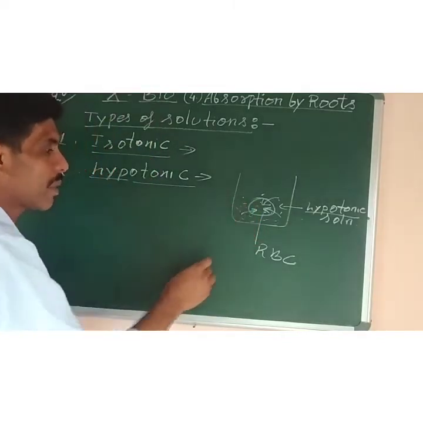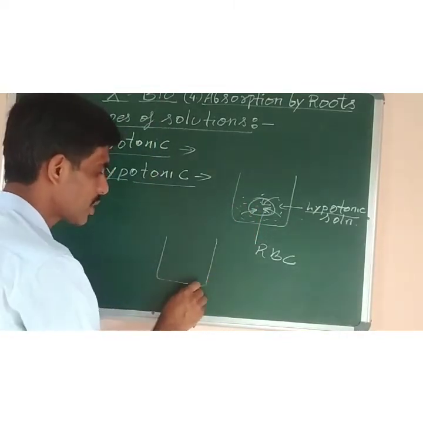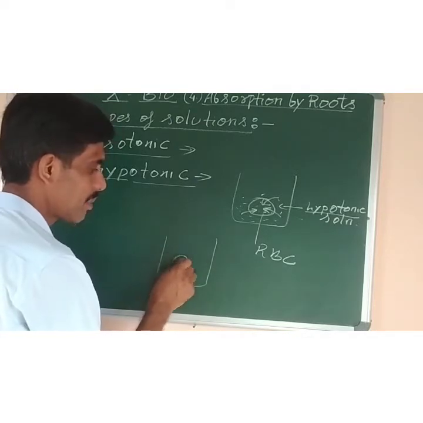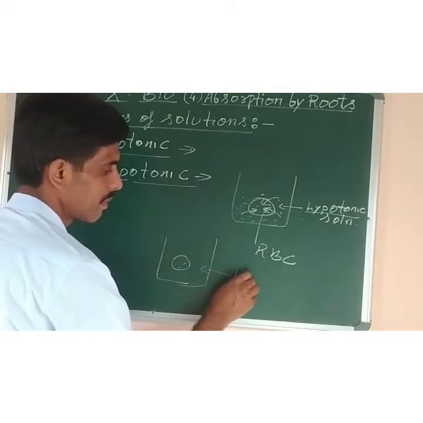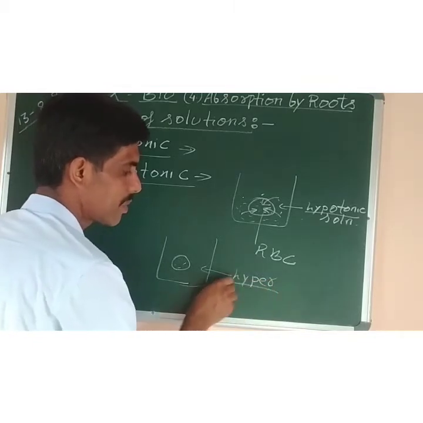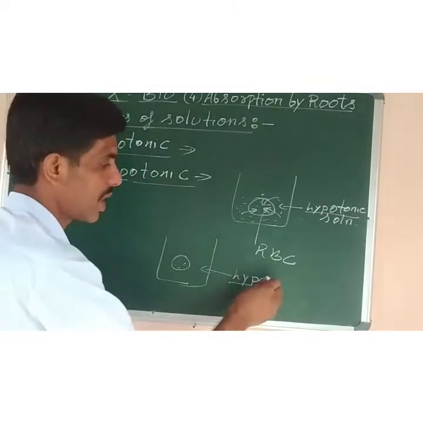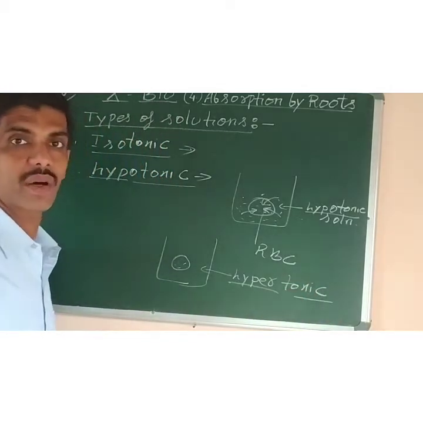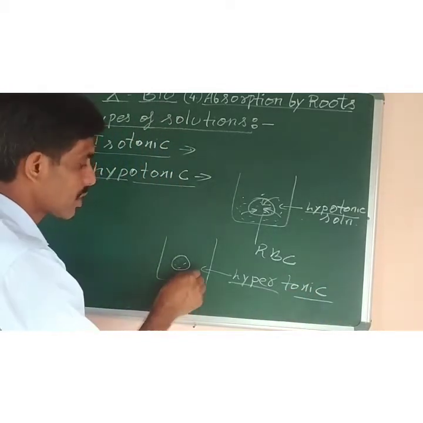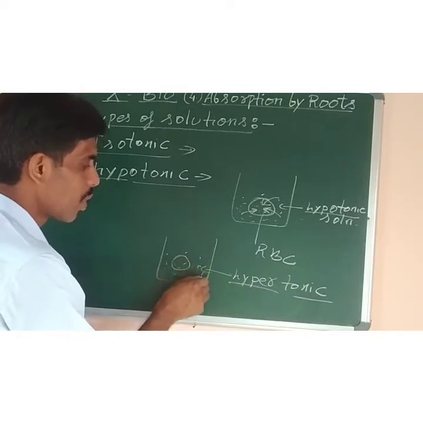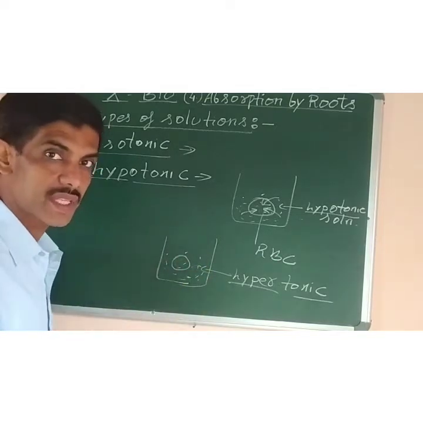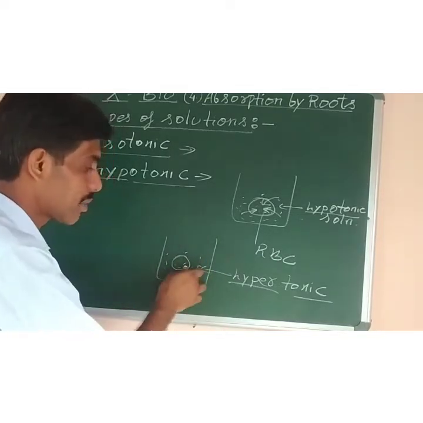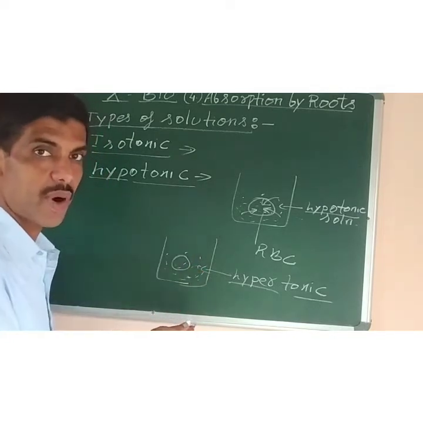Now if the same RBC is kept in a hypertonic solution, like this is a hypertonic solution. Hyper means more, extra. Tonic represents the strength of the solution. So if a solution contains more solute, it represents the strength of the solute. More solute is there, less water is there.